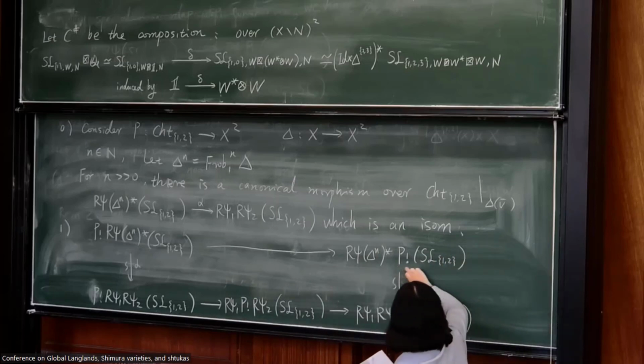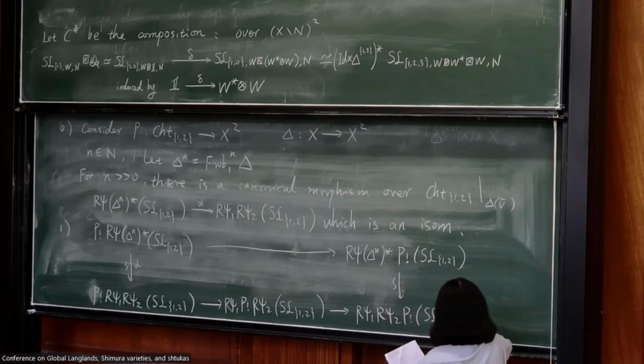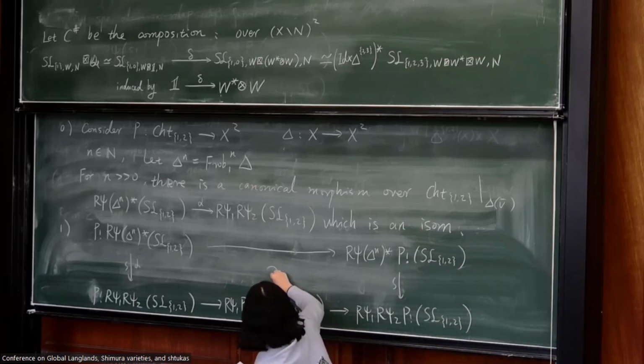So this is because this sheaf is constant over eta times eta. So this is commutative.